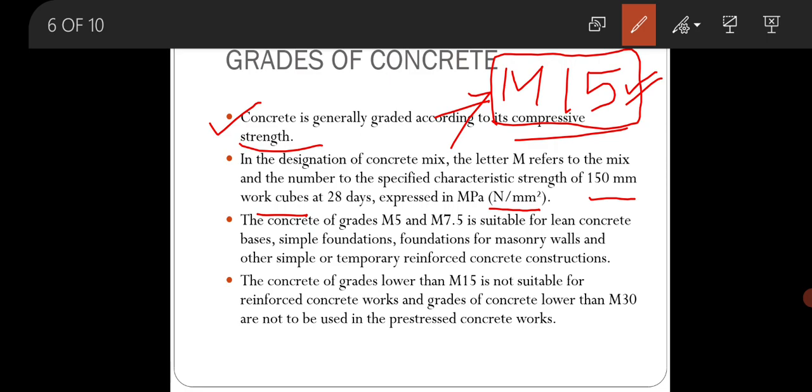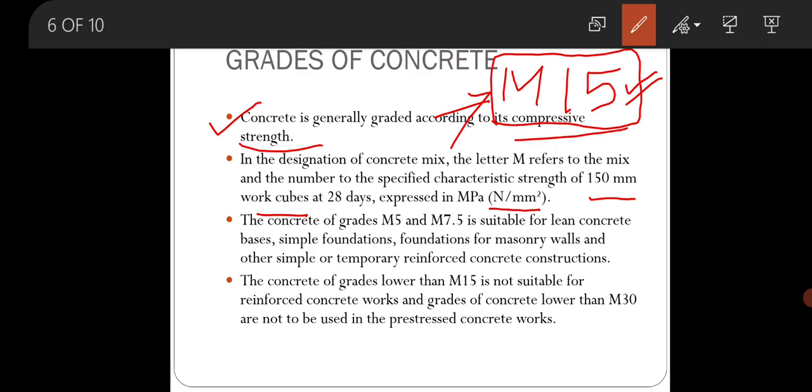Okay, and the code IS 456:2000 specifies that M5 and M7.5 are suitable for lean concrete bases, such as for simple foundations and foundations for masonry walls. And for RCC, concrete lower than M15 is not suitable for RCC work.